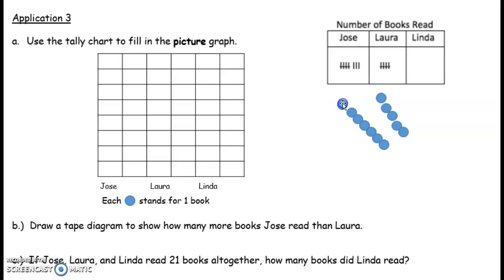So we're going to take some blue pictures because this is a picture graph, the picture of a circle. Here is our legend. Remember, it represents how many books are read. So this one circle represents 1 book.